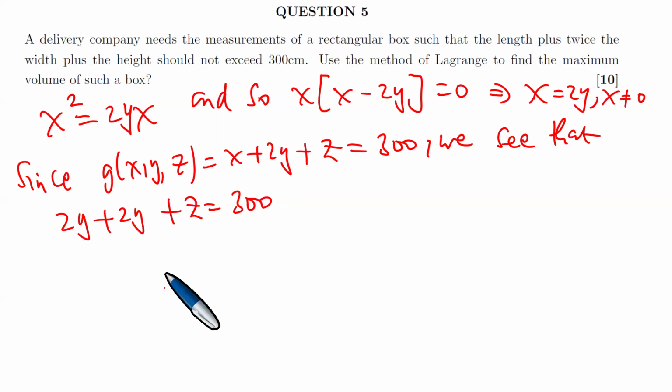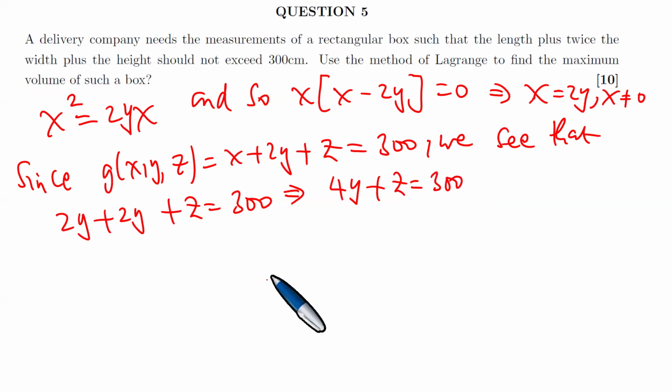What else do we need here? Now let us look at these very carefully and reason what this means at this point. What is very evident is that 4y plus z is 300.